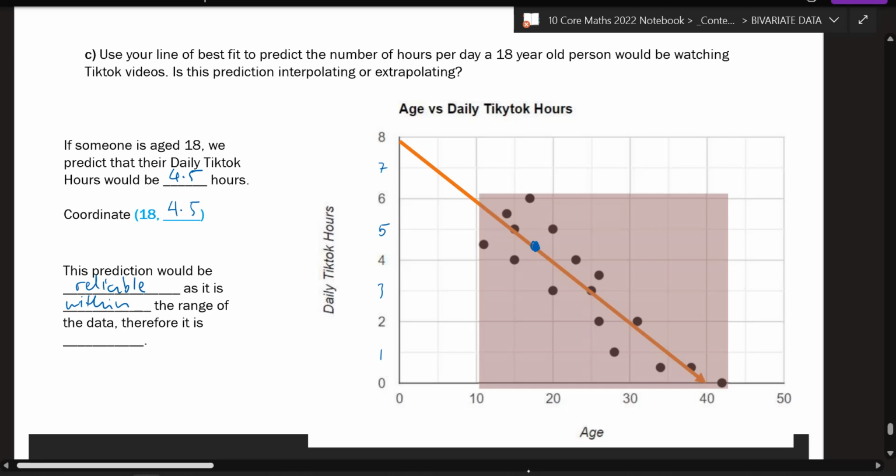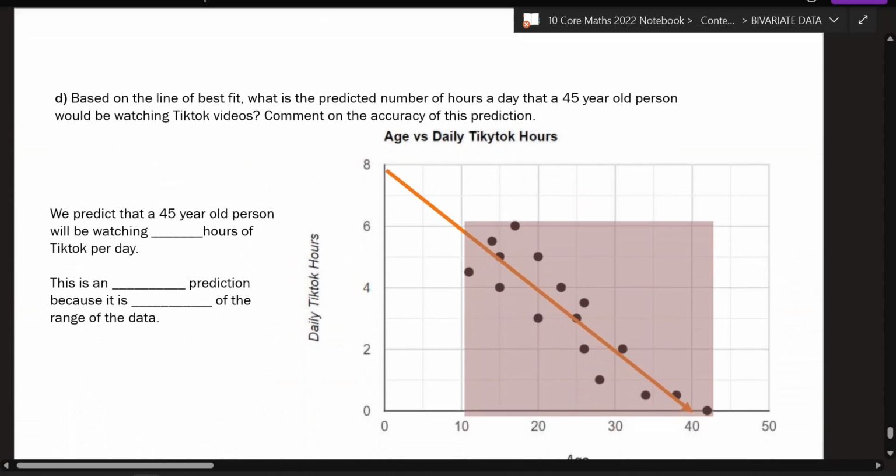Therefore, it is interpolation. So this is the proper answer you want in year 12, or year 11, year 12. This prediction would be reliable or unreliable. Is it within or outside? And then, therefore, it is interpolation or extrapolation. Not too hard, yeah? Just use the line of best fit to make your predictions.